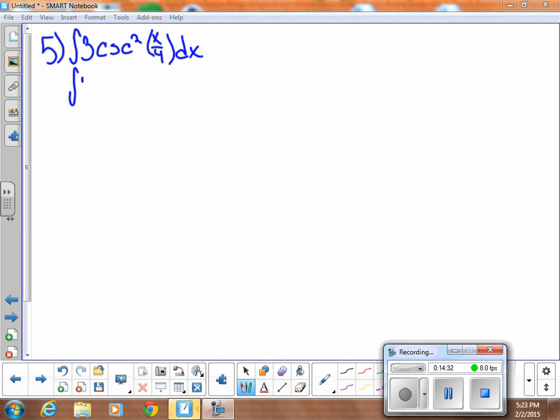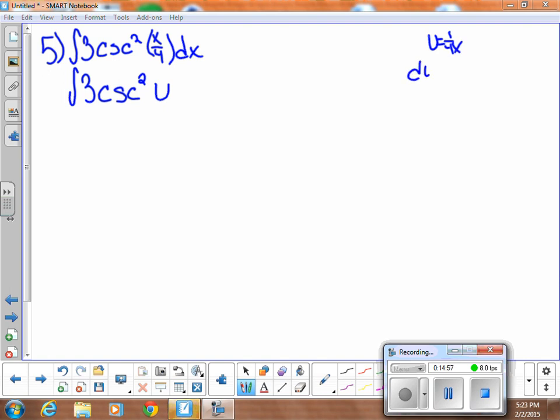Okay, so this whole problem can be rewritten as 3 cosecant squared of u. So our u is x over 4. Okay, so my u is going to be x over 4, which can be rewritten as 1/4 x.